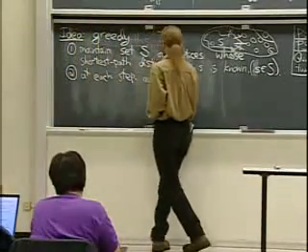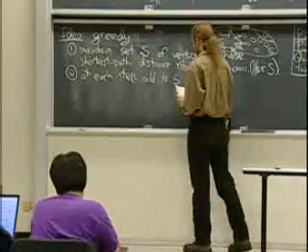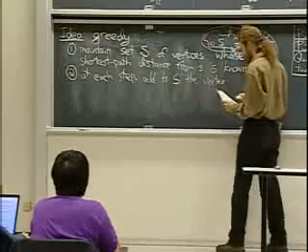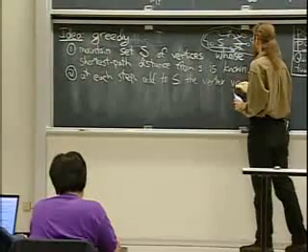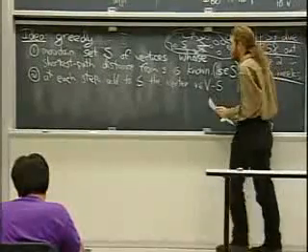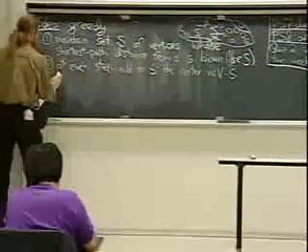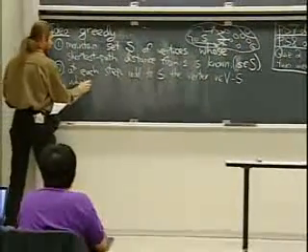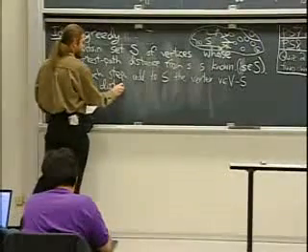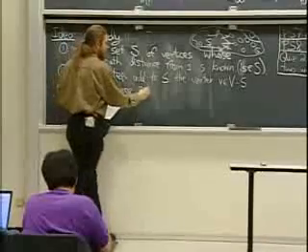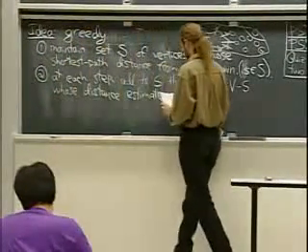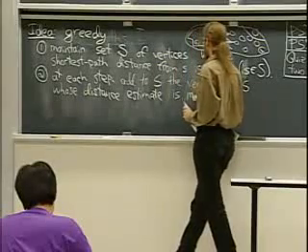For each step, we're going to add to S the vertex, of course, this is not unique, a vertex V in V minus S, something we haven't yet computed, whose estimated distance from S is minimum.